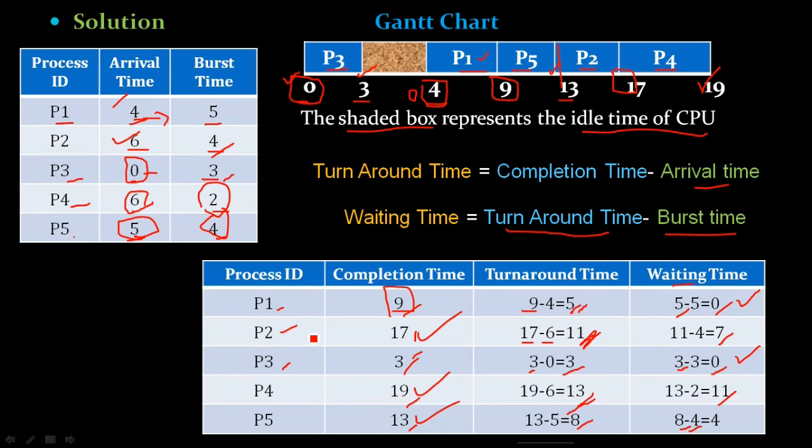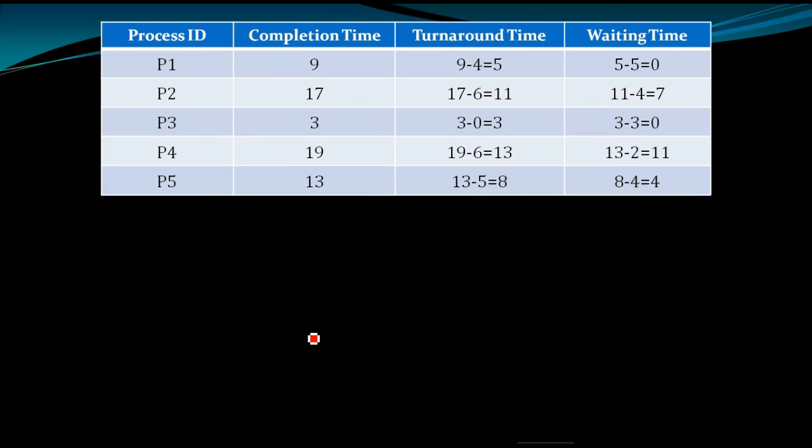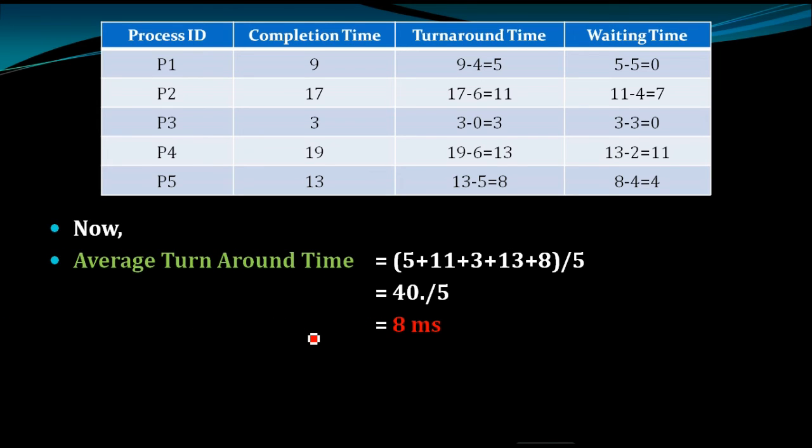Now this is the table we have, right? The turnaround time and waiting time of each process. Now we have to calculate the average turnaround time. Average turnaround time means we have to add all the turnaround times, that is P1's 5, 11, 3, 13 and 8.